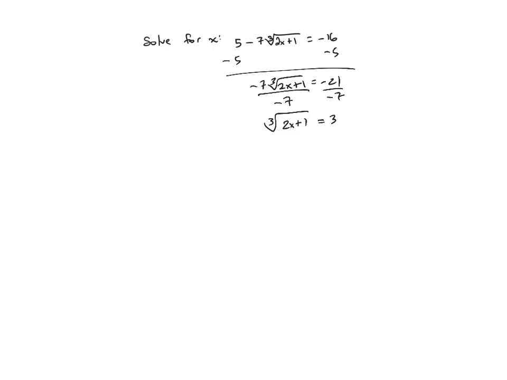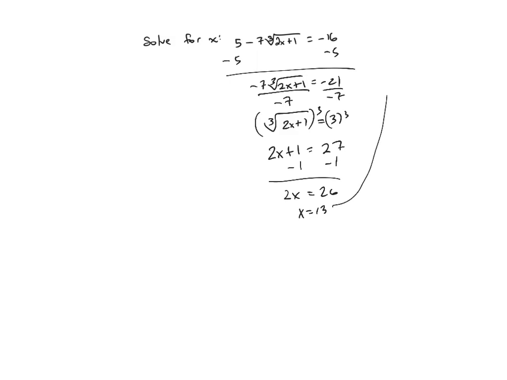Raise both sides to the appropriate power, and in this case, that would be a third power because we have a cube root that undoes the radical. And then solve the resulting equation. And then check for extraneous solutions. We'll check to see if it's extraneous.